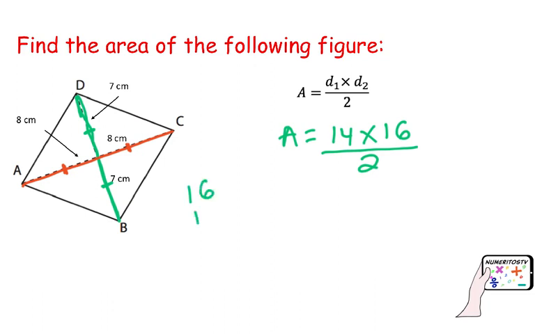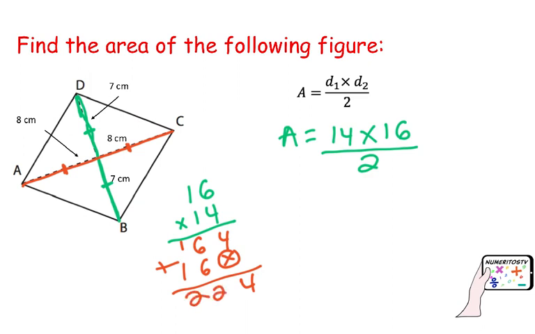So I am going to evaluate this expression, 14 times 16. If you don't know how much is that, you can set up your multiplications here by the side, and you can multiply 16 times 14. 4 times 6 is 24. 4 times 1 is 4. Plus 2, that will be 6. I'm done with the 4 digits, so now I'm going to continue with that 1, but don't forget to skip your place value, or sometimes we like to add a 0. And then 1 times 6 is 6, and then 1 times 1 is 1, and then I add this up. 4, 6 plus 6 is 12, 1 plus 1 is 2.